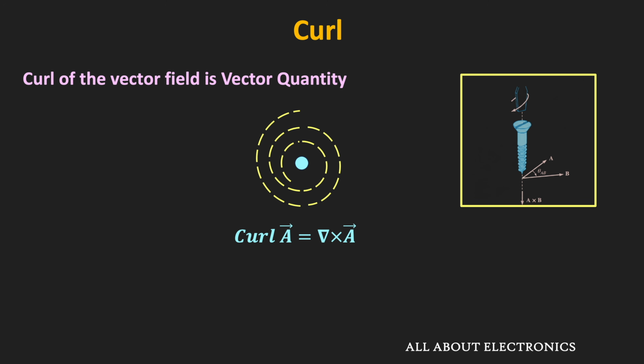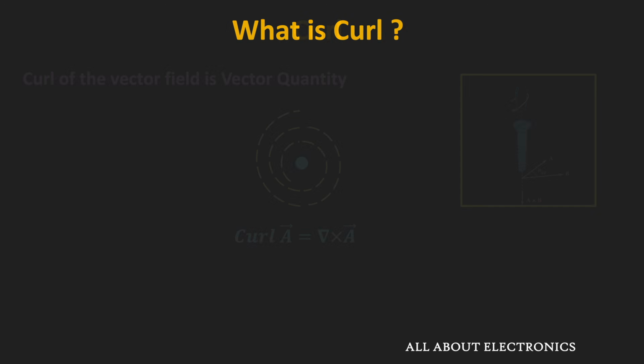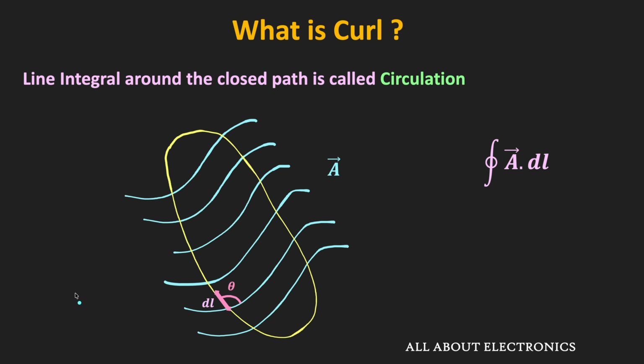Before we see that, just recall that earlier we have seen that the line integration around the closed path is called the circulation. And this circulation gives us the net circulation of the vector field around the surface that is covered by this closed path.